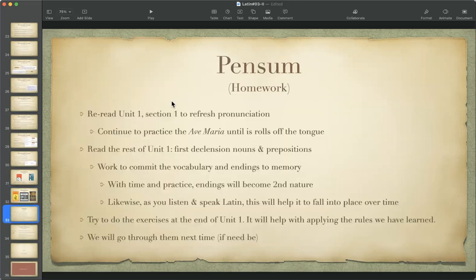So anyway, let's wrap up quickly here. Read Unit 1, practice pronunciation, practice the Ave Maria, go through Unit 1 100 times. Work on the first declension nouns. If you're a bit swamped in the endings, work on the vocabulary for the moment.